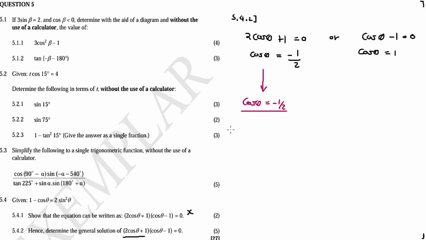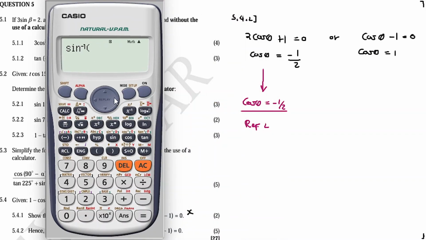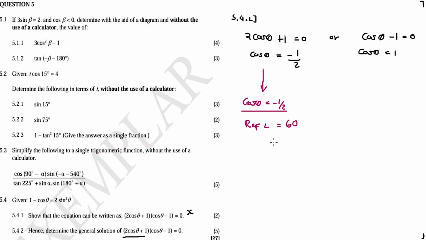For the general solution, first thing, get your reference angle. Calculate your reference angle: shift cos of 1 over 2 equals 60 degrees.